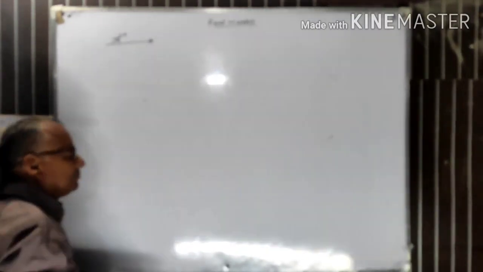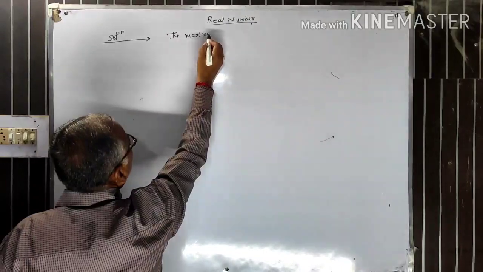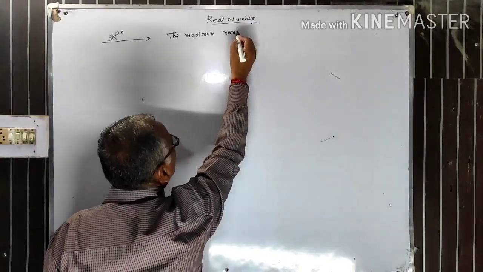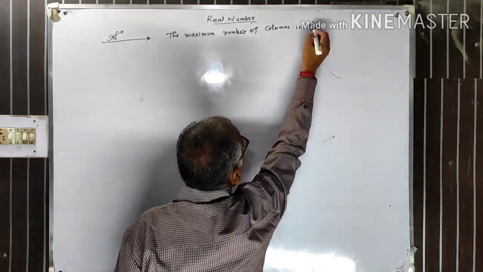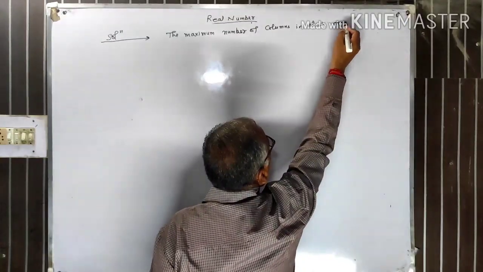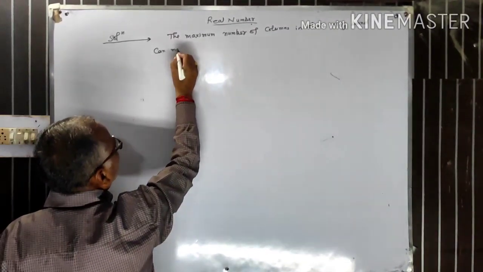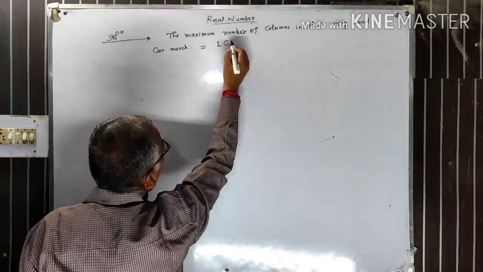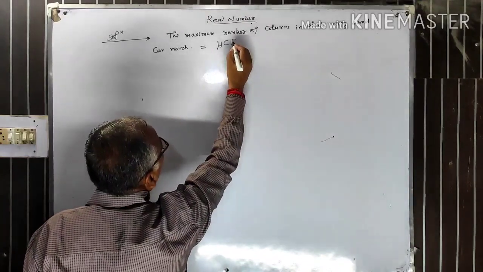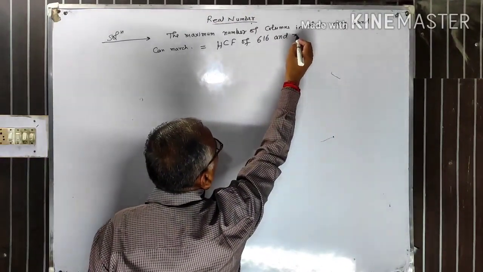Now its solution is, the maximum number of columns in which army band can march is equal to HCF of 616 and 32.